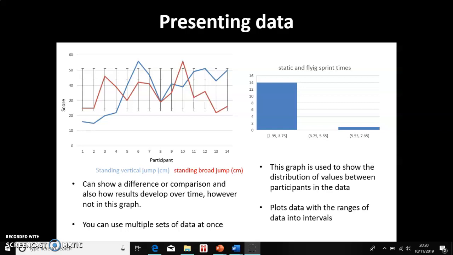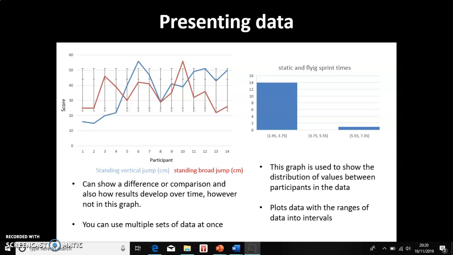If they do not overlap and are nowhere near each other, it means that the data is not likely to be statistically significant to each other. And another benefit is that you can use multiple sets of data at once in a line graph.